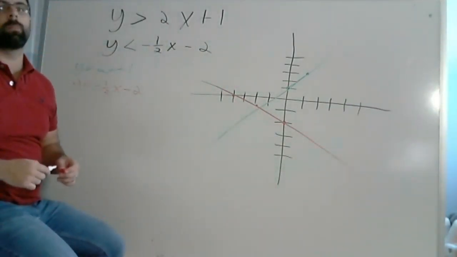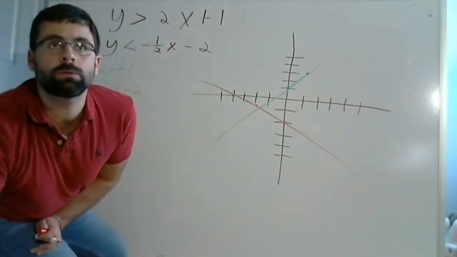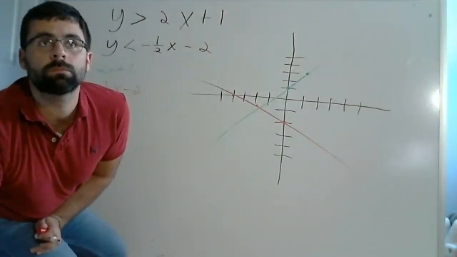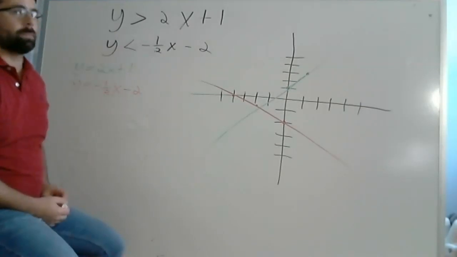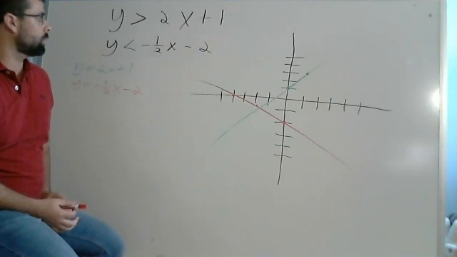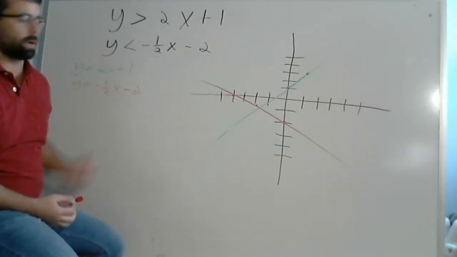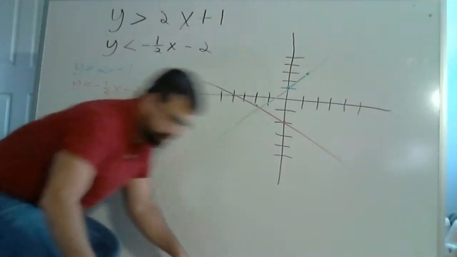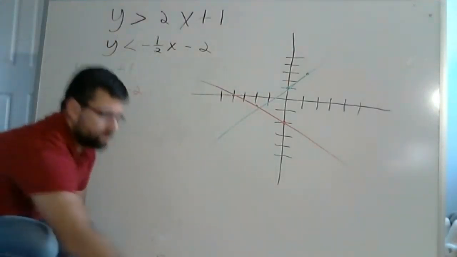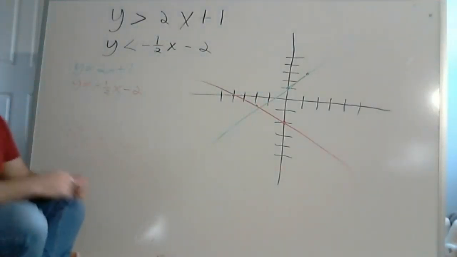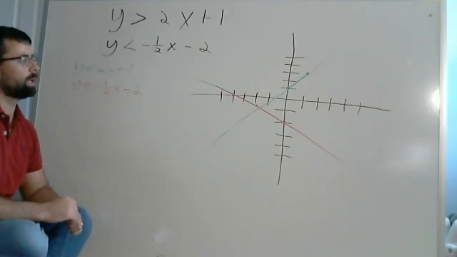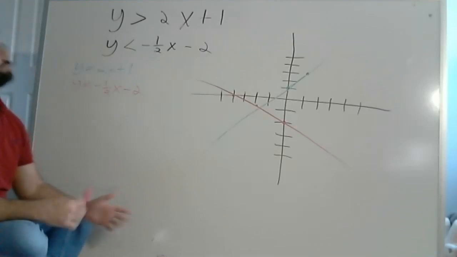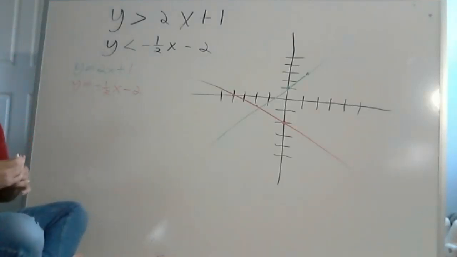These are our boundaries. So once we have these boundaries set up, then we do our test points. But now we've got 4 different regions, so we've got to check all 4 to see if we have anything that works.